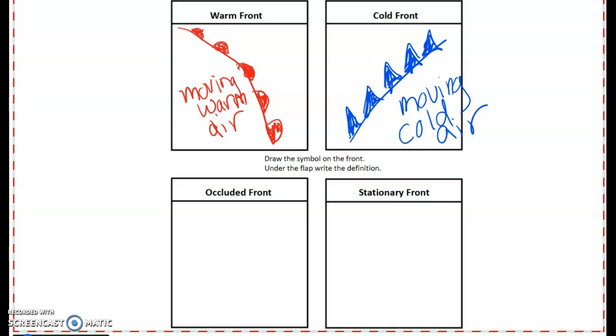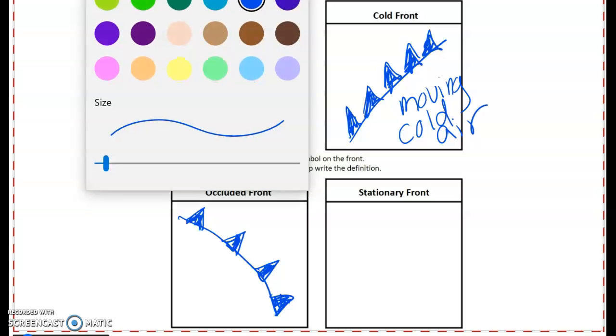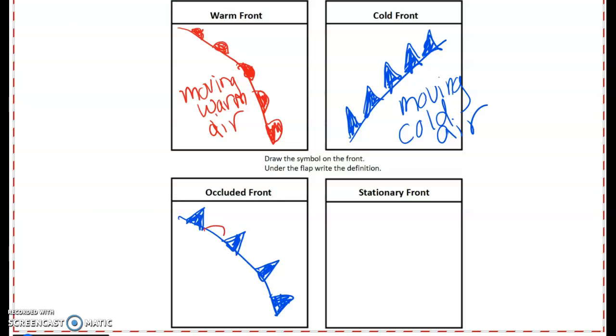Then we have an occluded front, and an occluded front kind of has both blue and red, so I'll do my blue first. Change to red.